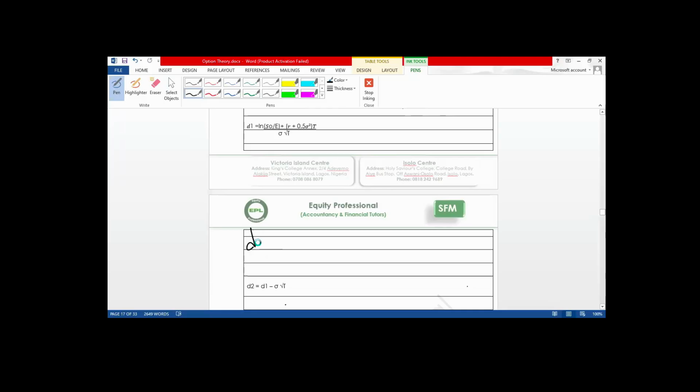My D1 is equal to ln bracket 60 over 50, close my bracket, plus open another bracket, risk-free rate 0.12 plus 0.5 multiply by the volatility 30%, raised to power 2.